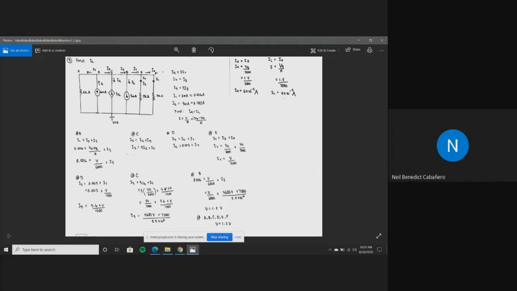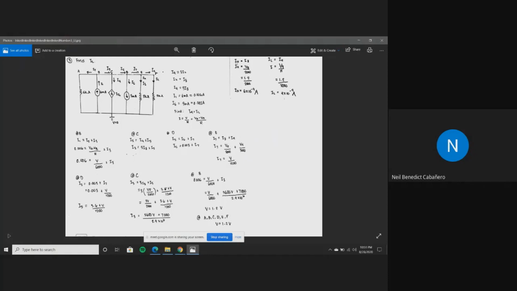So I8, if you analyze, we can get I8 by Ohm's law, voltage over its resistance. So we denote it as this one. I8 is equal to the voltage at E over its given resistance, which is 2 kilo ohms or 2000 ohms.